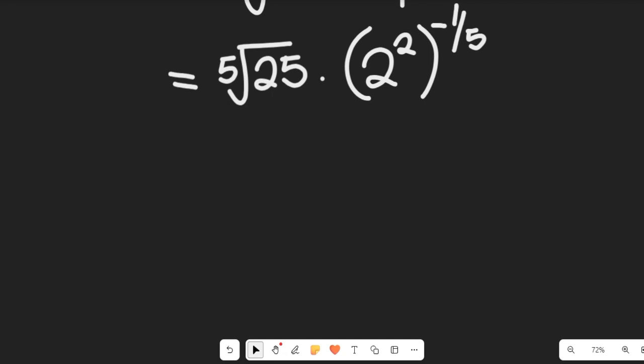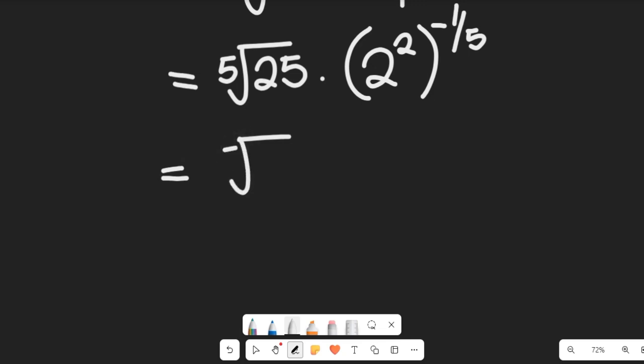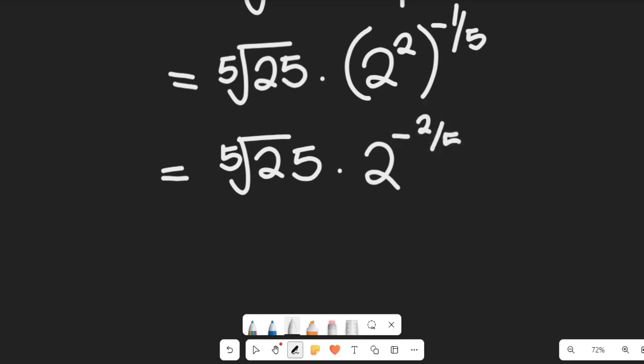Now, to reduce this further, let me multiply both sides by 2 divided by 2. If I multiply both sides by 2 divided by 2, I have not changed anything, and this will give me the fifth root of 25 multiplying, this is now going to give me 2 to the power of negative 2 divided by 5.